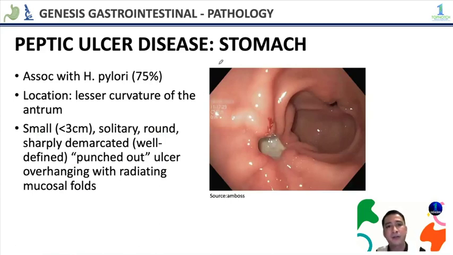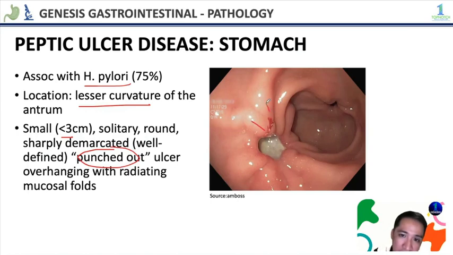Again, for peptic ulcer disease in the stomach, 75% is associated with H. pylori infection. Very favorite natin H. pylori yan. Common location is the lesser curvature of the antrum. Usually, they present as a solitary, small, less than 3 centimeters, well-defined punched-out ulcer with overhanging, radiating mucosal folds.